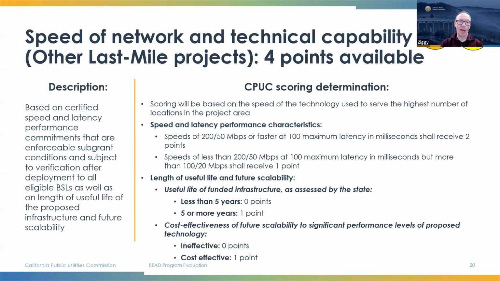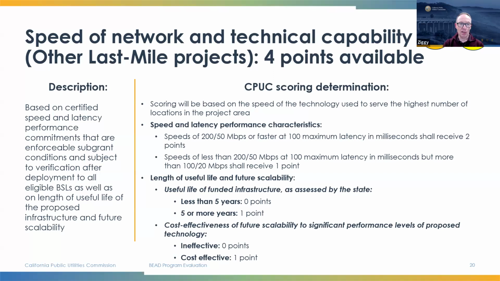We'll also look at the length of useful life and future scalability, and that relates to how easy it is to increase capacity of the network both incrementally and in terms of future upgrades and lifecycle replacement.